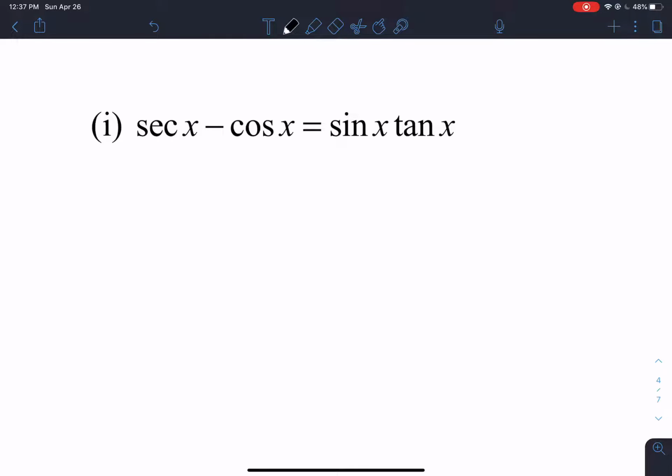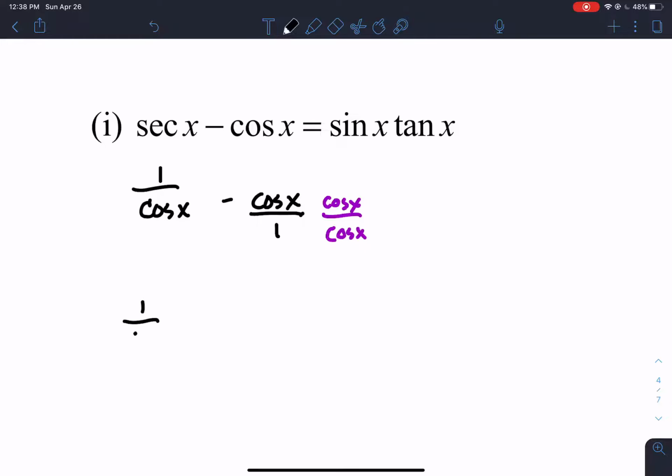Okay, so same thing here. We're going to use the left side because of the subtraction. Now, I know secant is 1 over cosine. Now, we need a common denominator, right? So I need to multiply the second term here by cosine over cosine.